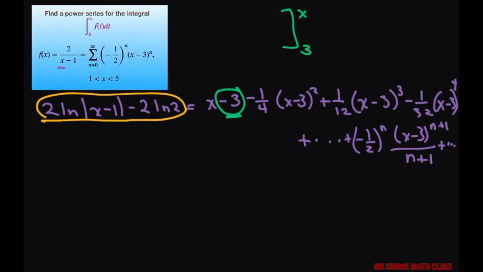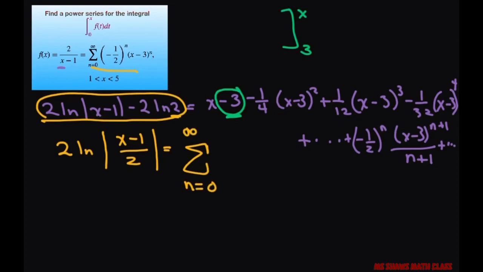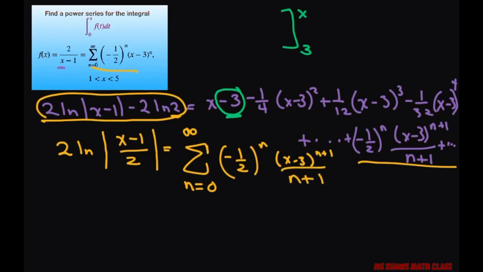Using my quotient property, it's going to be 2 ln of absolute value of x minus 1, and we're dividing by this 2, equals, and now we're going to write this as the sum. The sum of n equals 0 to infinity, and we're just copying this down. So it's going to be negative 1/2 to the nth power, and then we're going to have x minus 3 to the n plus 1 power, all divided by n plus 1. So this is your answer.